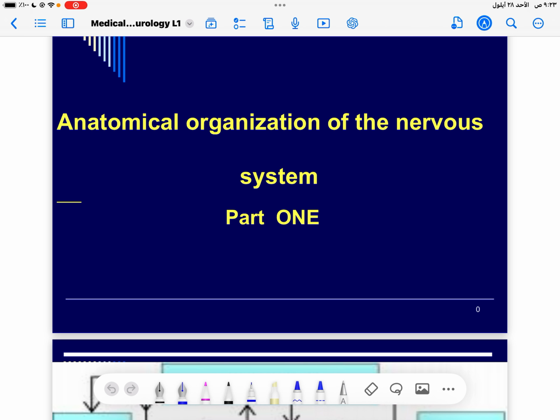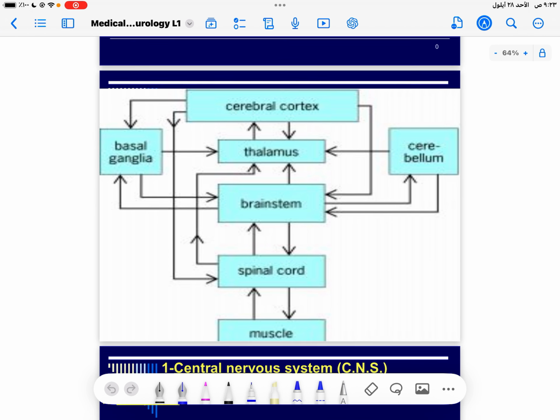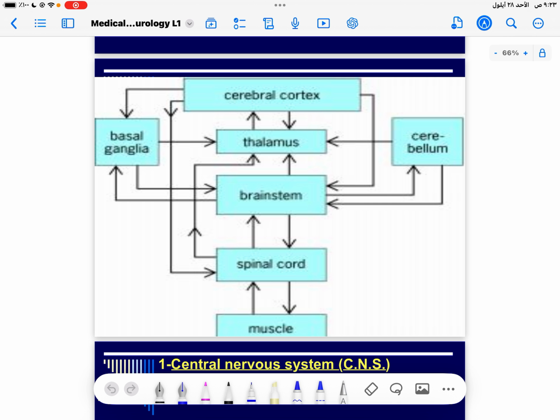In that organization, we have the central nervous system, which is the cerebral cortex, and within the cerebral cortex, we have the thalamus, and below the cerebral cortex, we have the brainstem. And the brainstem is connected to the spinal cord.